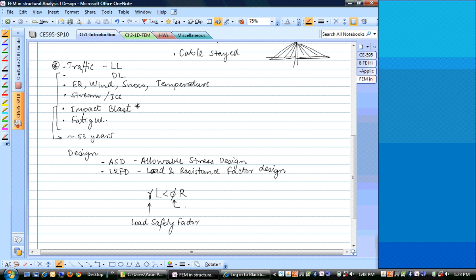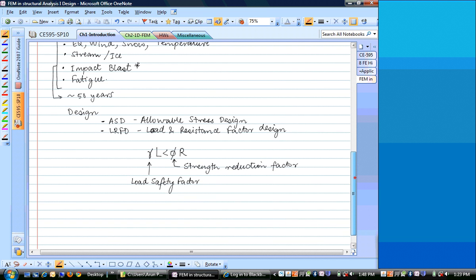Phi is the strength reduction factor, and R is the internal resistance of the material. So this is a crude equation, but in general, this is our design philosophy. We assume a solution, and we try to check the solution against this type of an equation. All right.